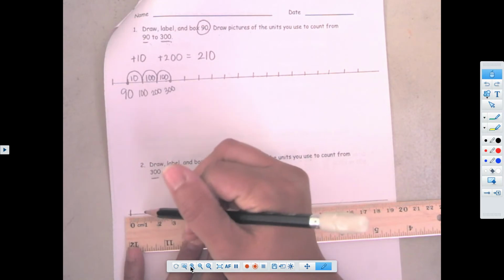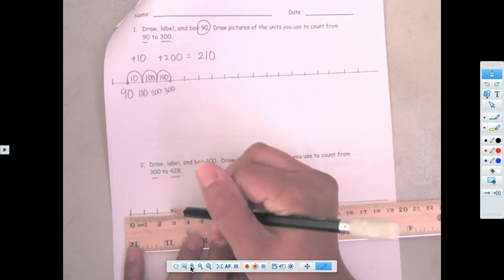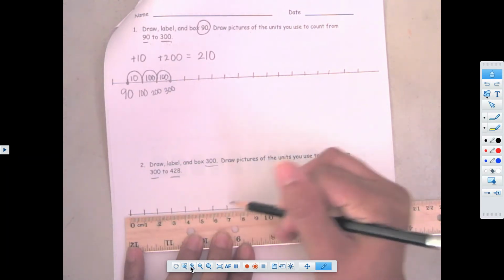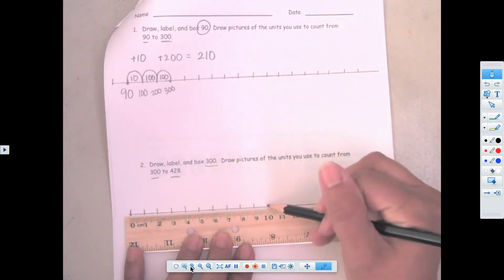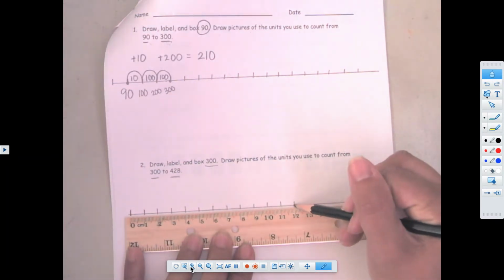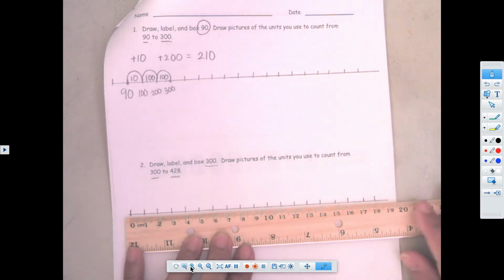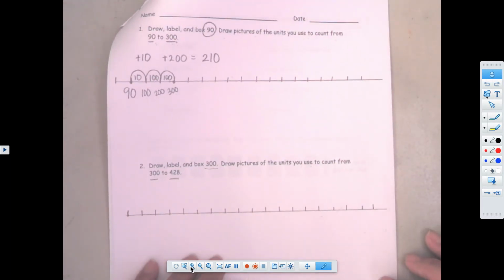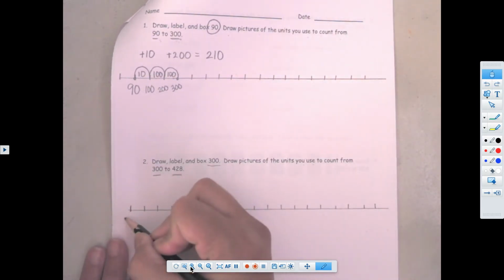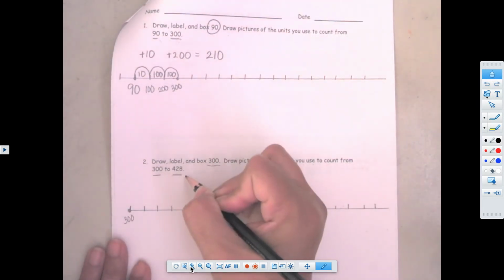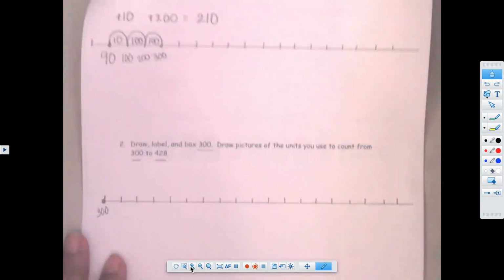Make sure you start at 0. 1, 2, 3, 4, 5, 6, 7, 8, 9, 10, 11, 12, 13, 14, 15, 16, 17, 18. Okay, and now I'm going to start with 300. Because it says here count from 300 to 428.